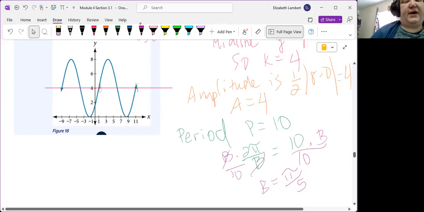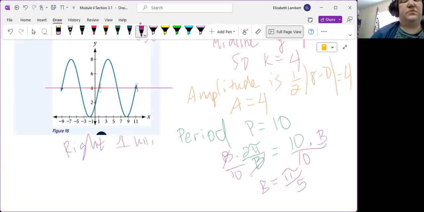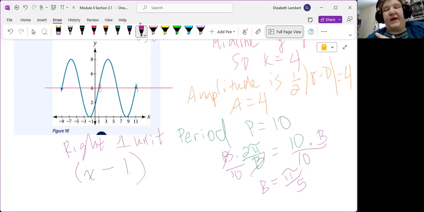And then our last one is our h. So I can see in the graph, this went right 1 unit. So that means we're going to see x minus 1. Right is the positive x, inside lies though, so we do minus 1. So now our full function, we determined we were using sine.